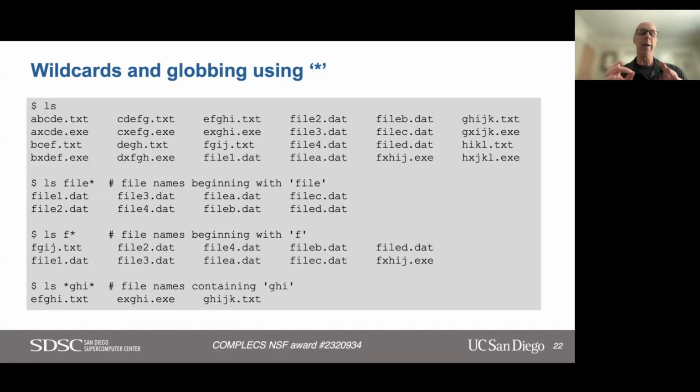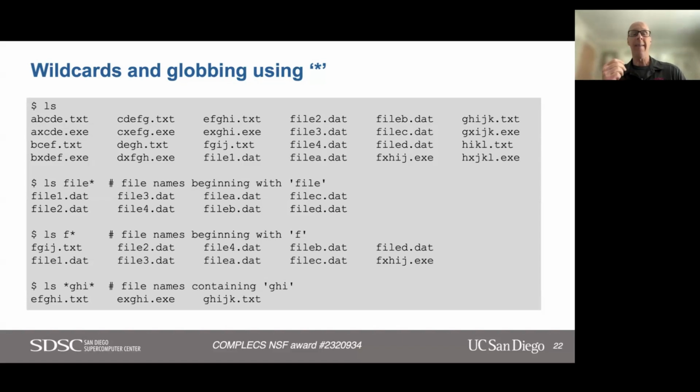So let's say that we wanted to list just the file names that match a certain pattern. We could do ls file star, and that's going to list just those files that begin with the string file.